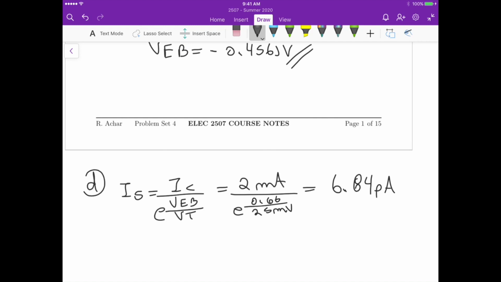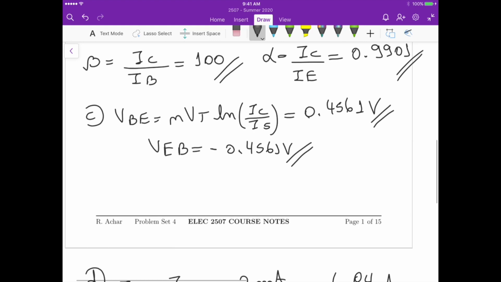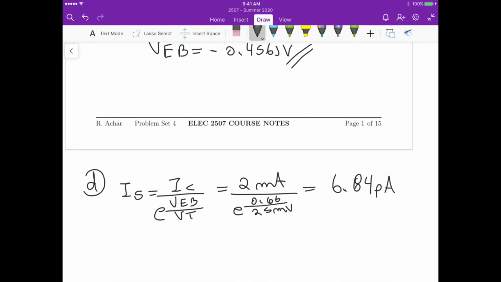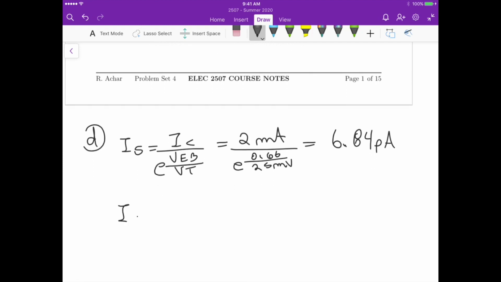It's given VBE as minus 0.66. So just remember to take the negative of that because it's a PNP. So here it's VEB. Now that we know the saturation current, we can calculate the new collector current. The new collector current is just IS times exponential of the new value of VEB divided by the thermal voltage.